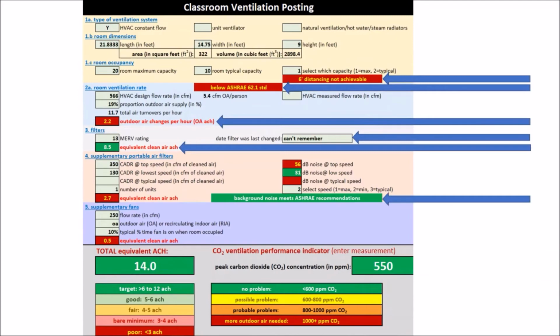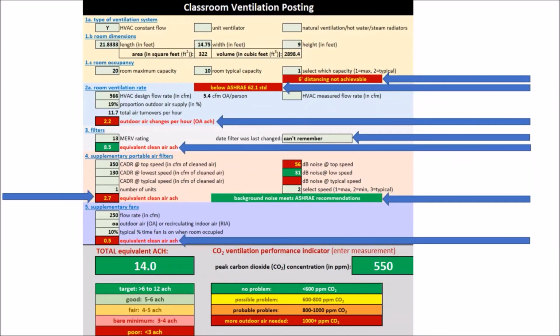We've looked at the noise that the portable air filters put in and how many equivalent air changes per hour the supplementary portable air filter provides, in this case at the lowest speed because we wanted to keep the noise low, and how much putting a fan in the window will.